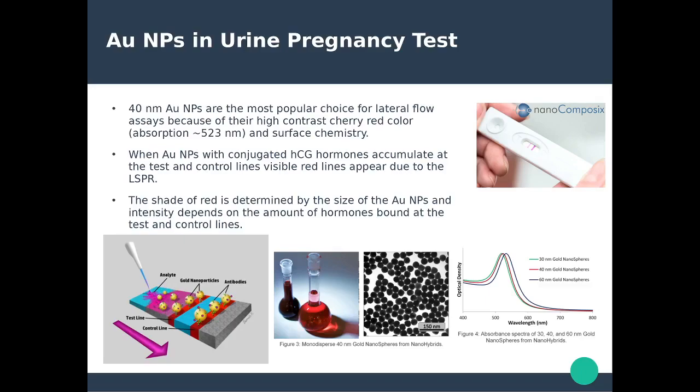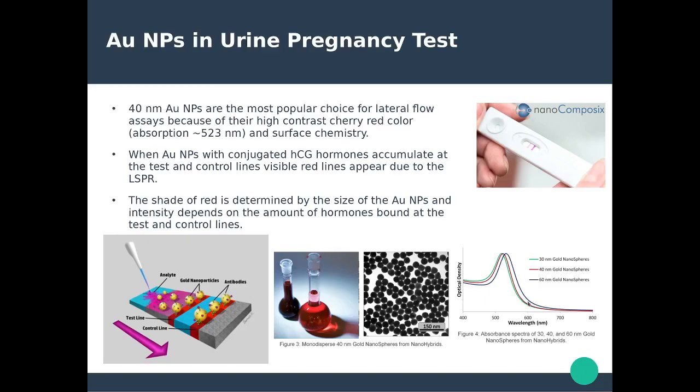Those nanoparticles will flow and be stabilized on those lines. So there are the control and the test lines, and as they start immobilizing there as a result of the presence of these hormones on the nanoparticle surface, you start seeing the red appearing. So this red appears as a result of the interaction of the visible light with those nanoparticles.